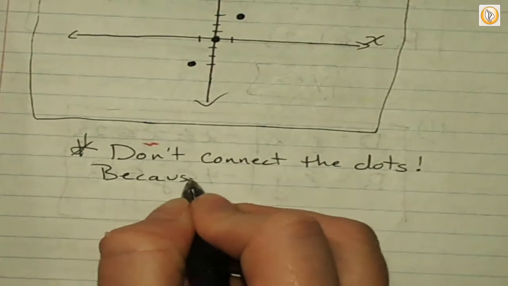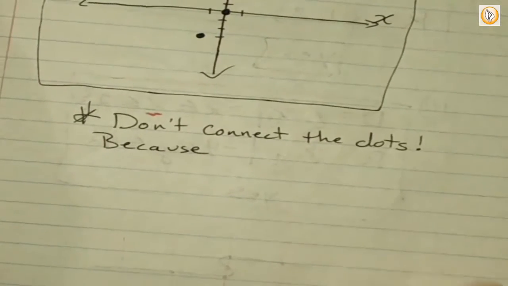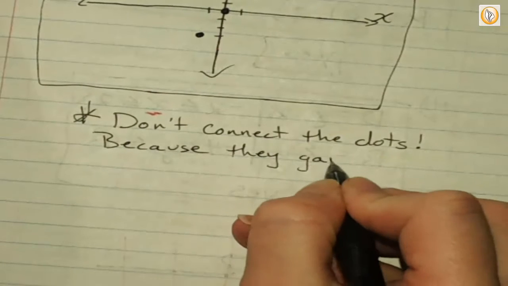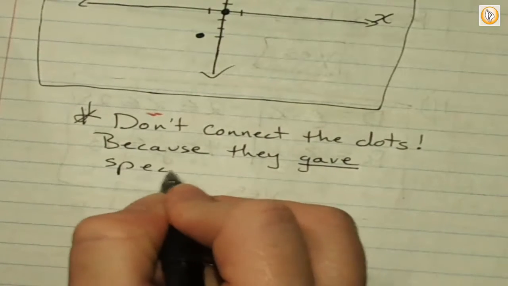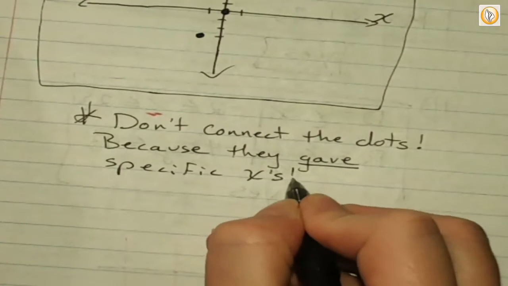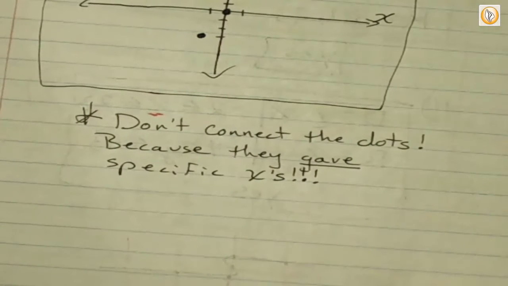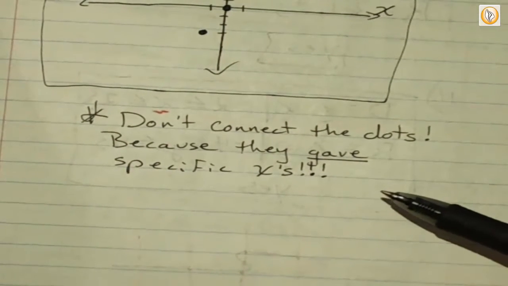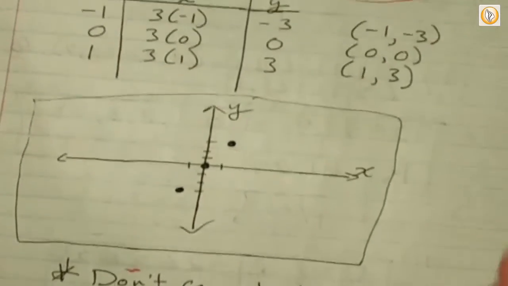Because, and I know you're not supposed to start a sentence with because, but this is math. Because they gave specific x's. Don't connect the dots because they gave specific x's. Look right here.